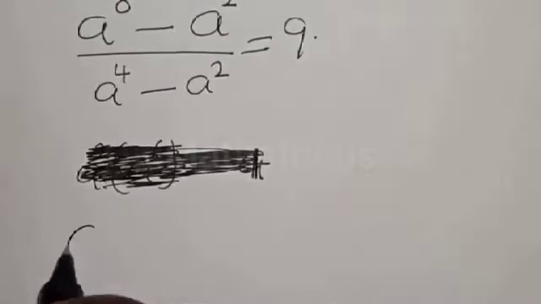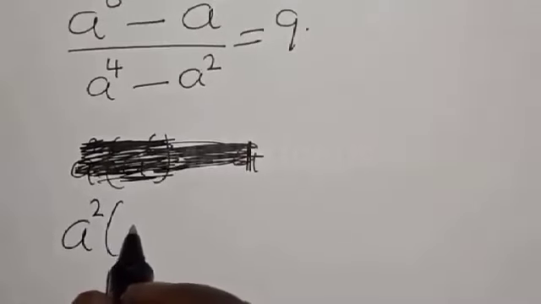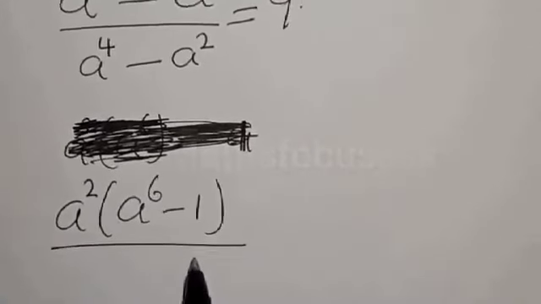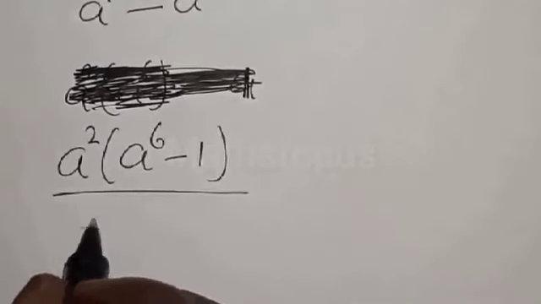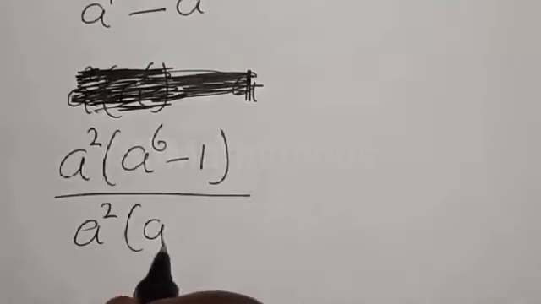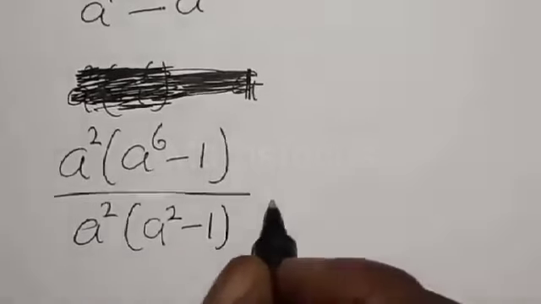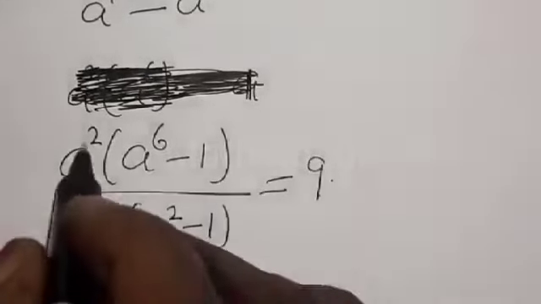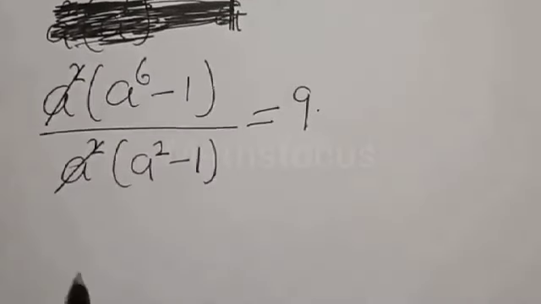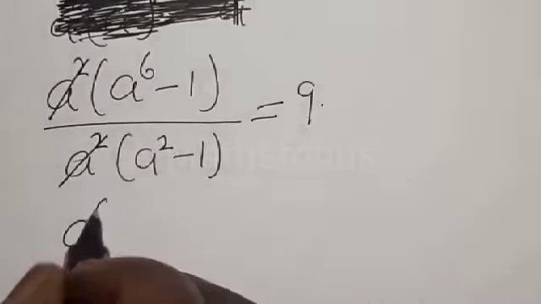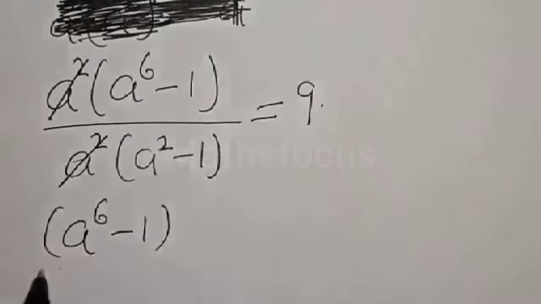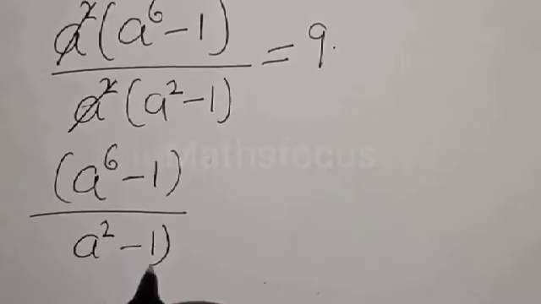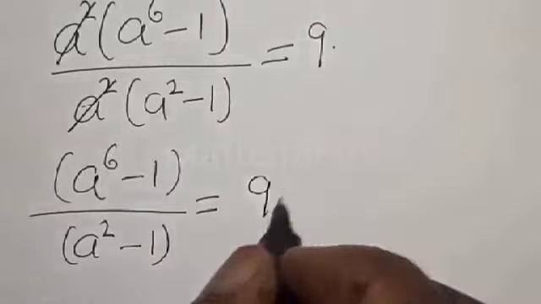Then we have a squared into a raised to power 6 minus 1 divided by, the denominator is a squared into a squared minus 1, is equal to 9. Now this a squared will cancel a squared. We have a raised to power 6 minus 1 divided by a squared minus 1 is equal to 9.